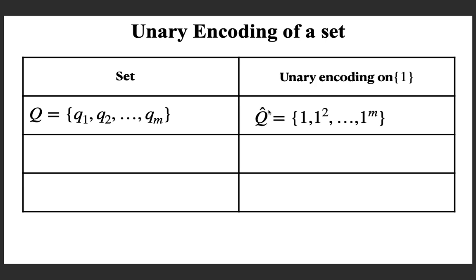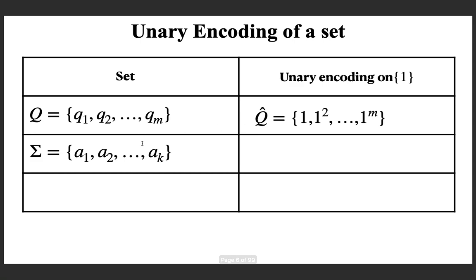The unary encoding of the state set is represented as Q hat. And m states are there. The first state is represented as 1, the second state is represented as 1 1 or 1 square. Likewise, the ith state is represented as 1 raised to i, or a string of ones of length i.